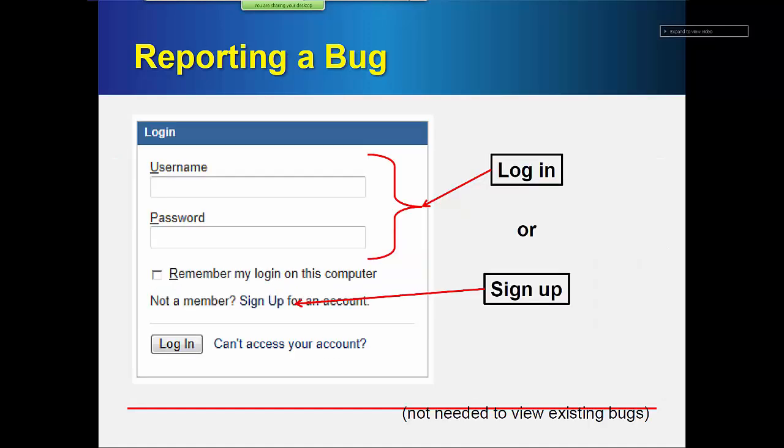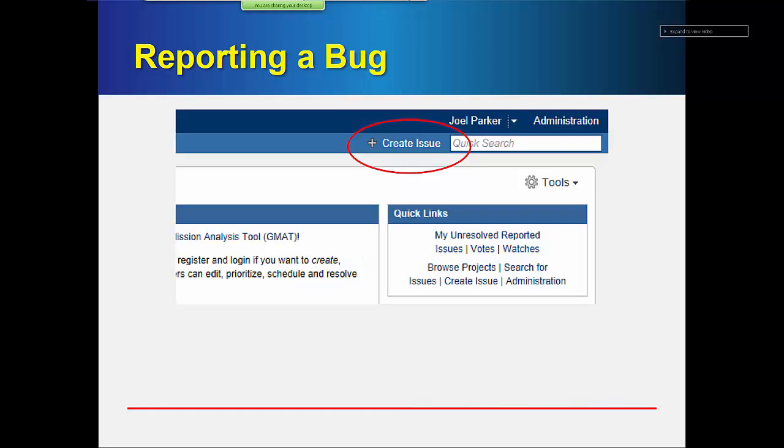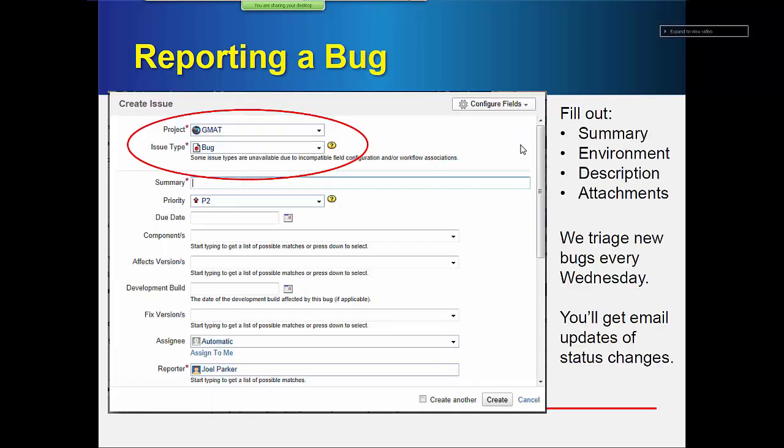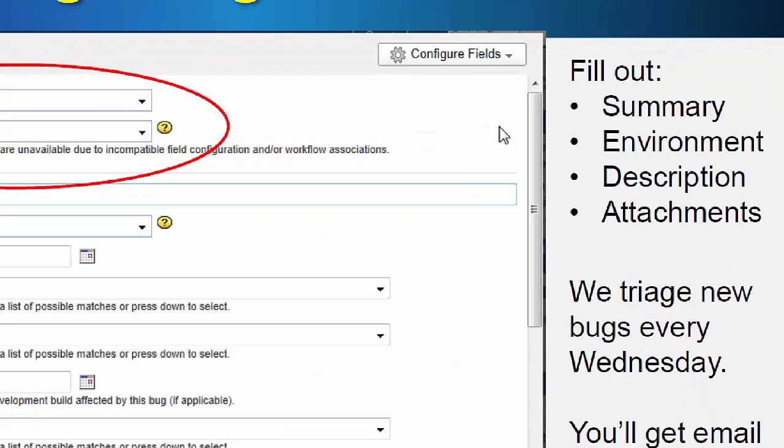You'll log in or sign up for a free account, just needs your email address. You go to Create an Issue at the top. You'll enter in here, choose GMAT, issue type, choose bug or feature request or improvement request or whatever it is, and type your summary.